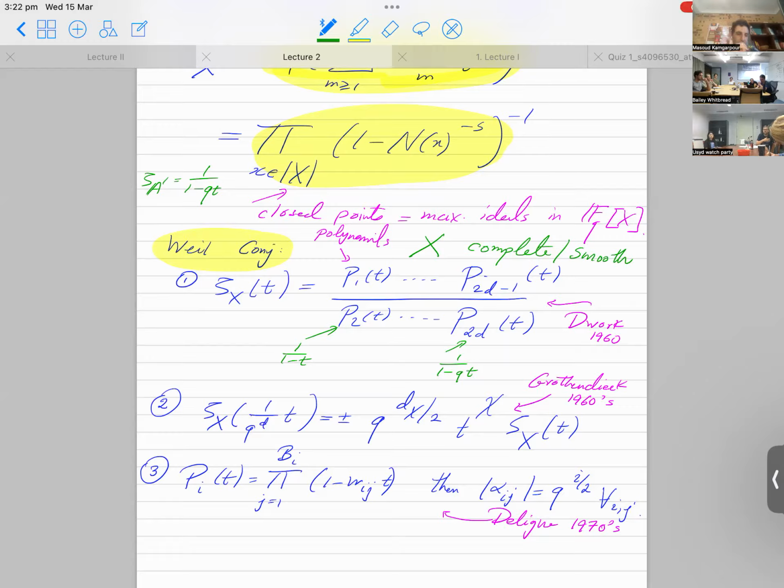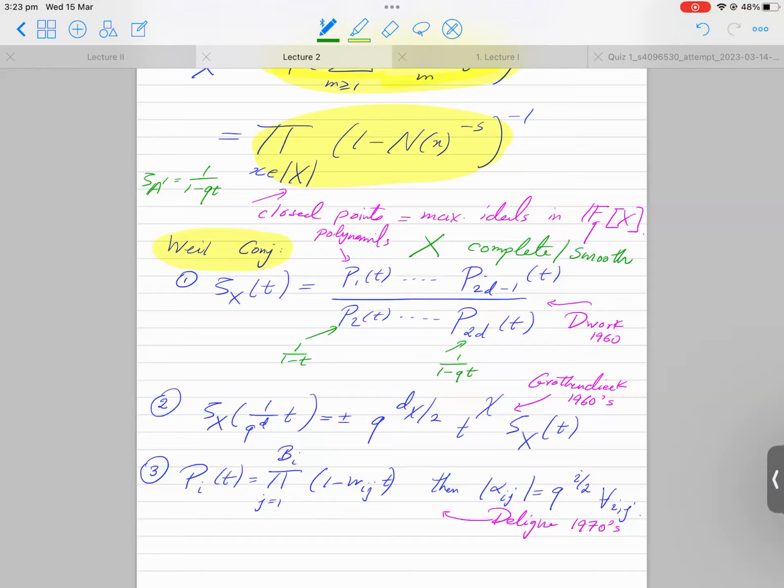You've got not quite an extra grading, but nearly an extra grading on the cohomology of potentially singular varieties. I would say there are probably hundreds of mathematicians, if not thousands, that use the Weil conjectures one way or another. But the number of people who actually understand the proof is probably in the tens. So yes, you just look at it as a black box. But we will demystify some parts of it anyway.